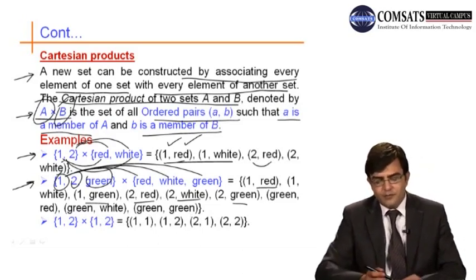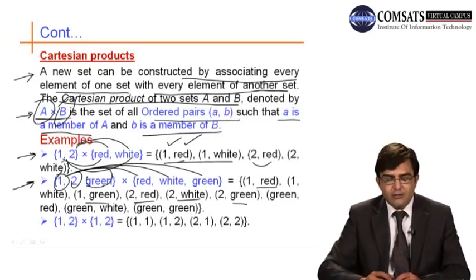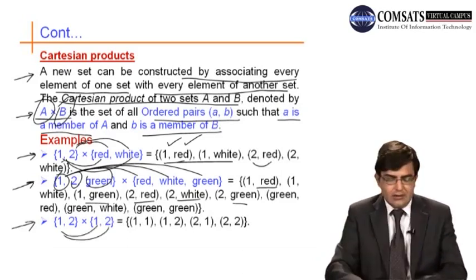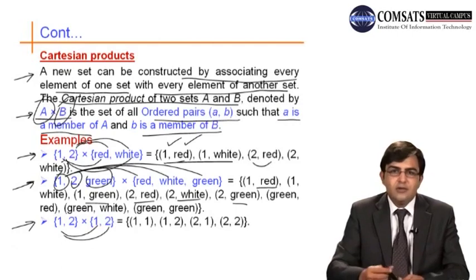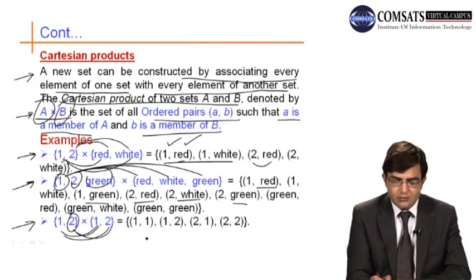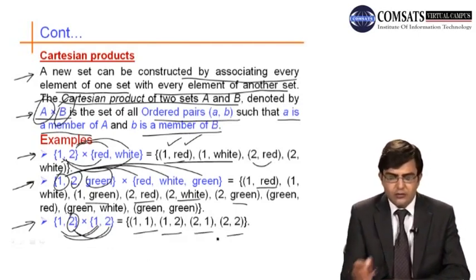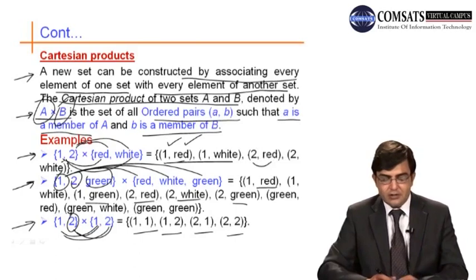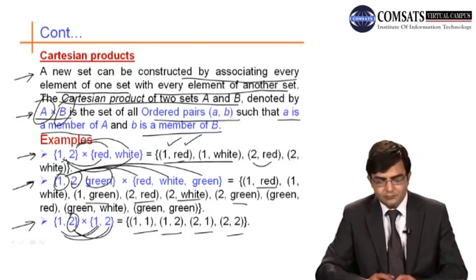This is how we write the Cartesian product of any two finite sets. In this example, we take 1 with 1, 1 with 2, and then 2 with 1, 2 with 2. This is how we write the Cartesian product of two sets.